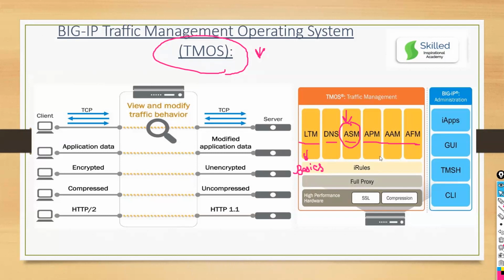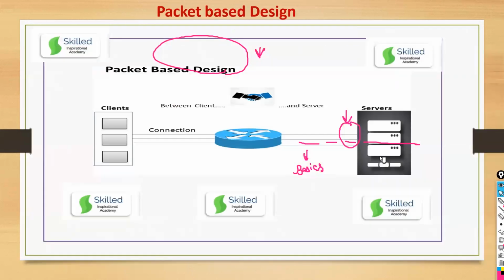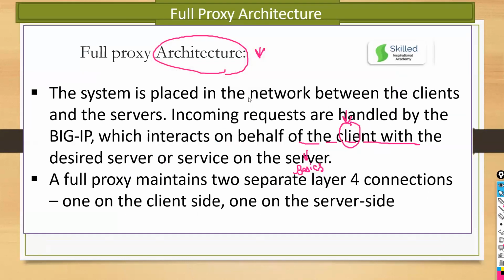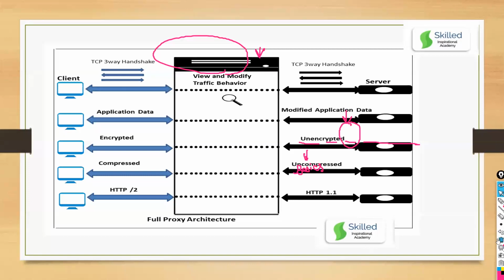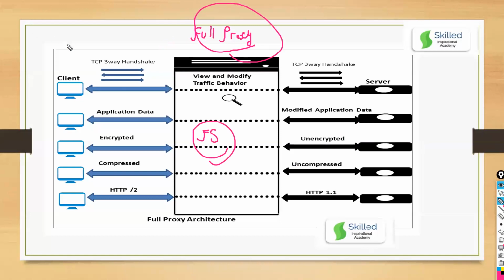So this is how your topology looks like. Previously it was packet based and now full proxy. So F5, whether it's an LTM or a WAF, is called a full proxy architecture, guys. What happens is you have two sessions.